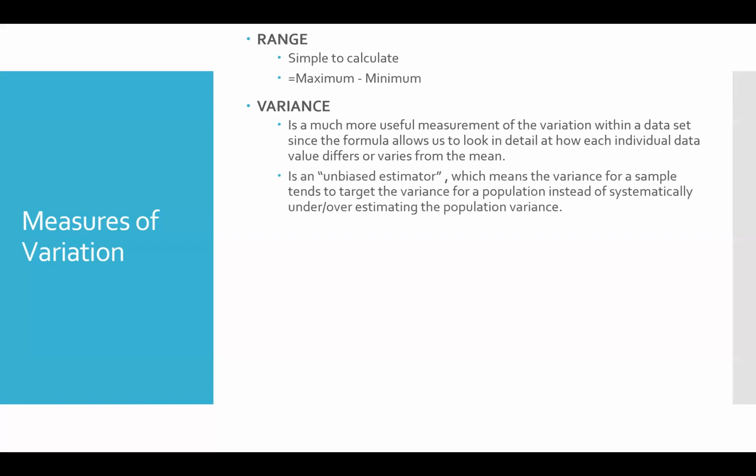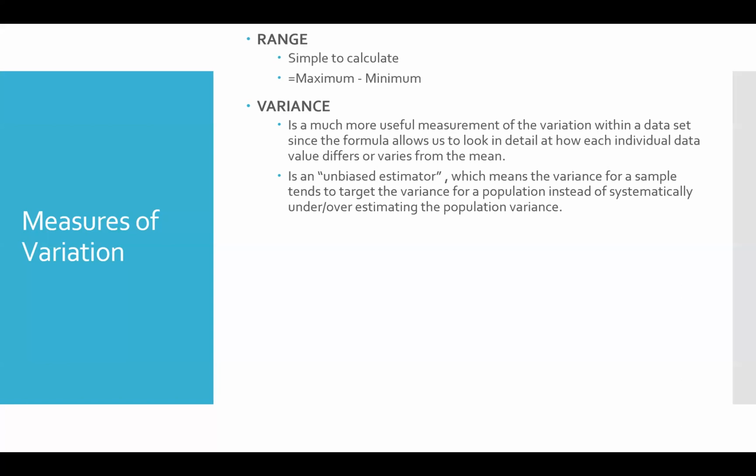It is called an unbiased estimator. What that means is that basically if I could calculate the variance for each data set or for the population, it is going to basically hit the bullseye of the target. It's going to target the value for the population and be pretty much dead on each time.